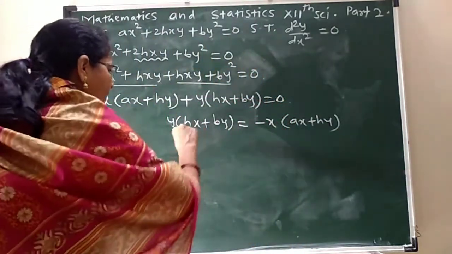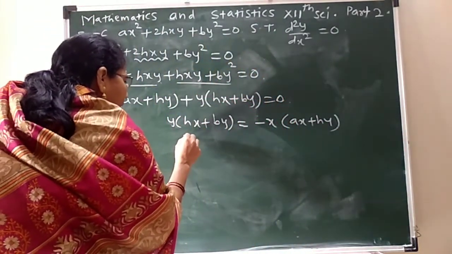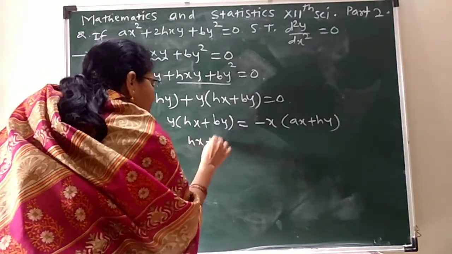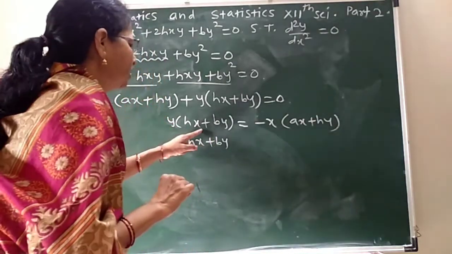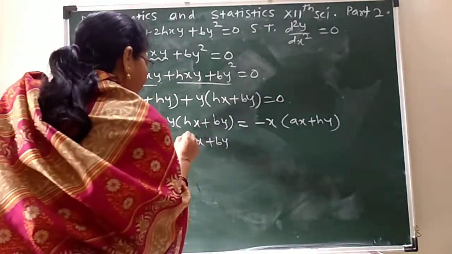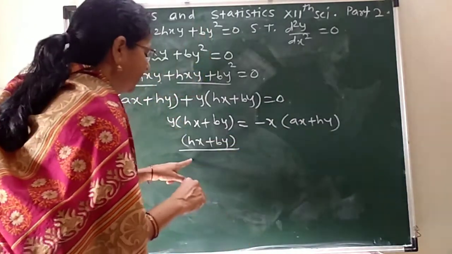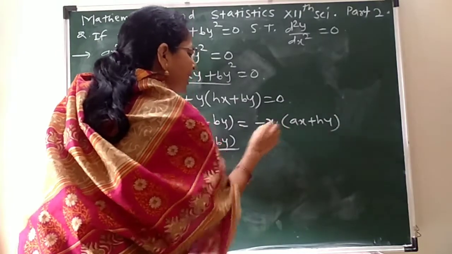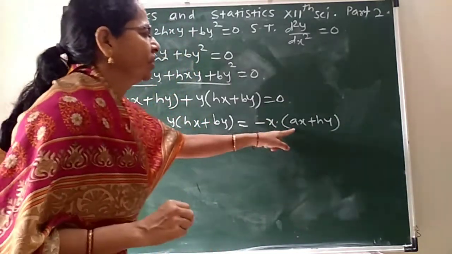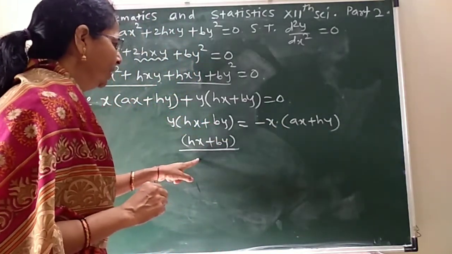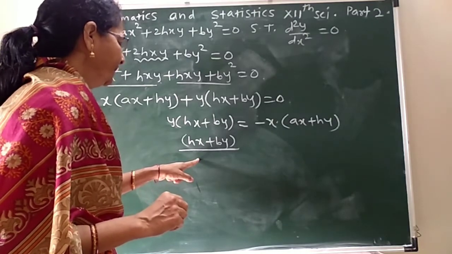Next step is hx plus by, this term here in brackets. This term to this side becomes divided by.